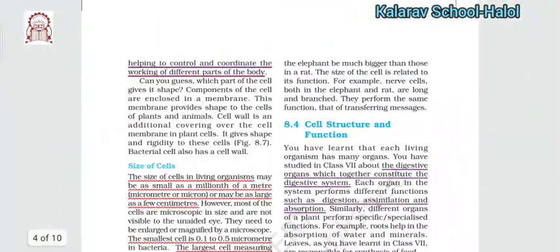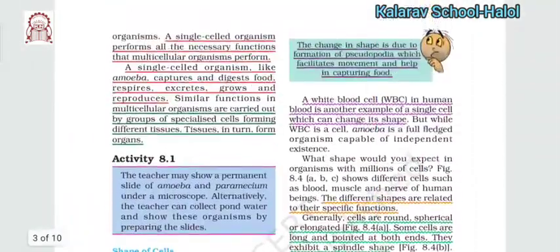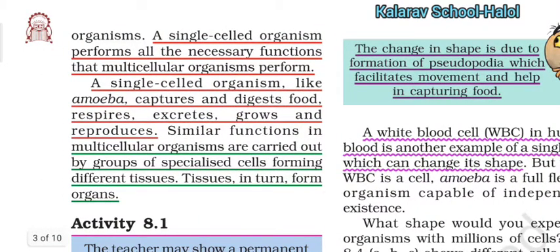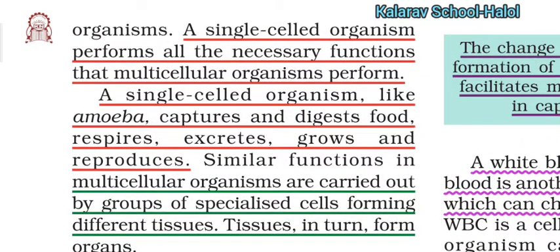So next is a single cell organism performs all the functions that a multicellular organism performs. As I already told you, the single cell organism amoeba captures food, digests food, respires, excretes, grows and reproduces.